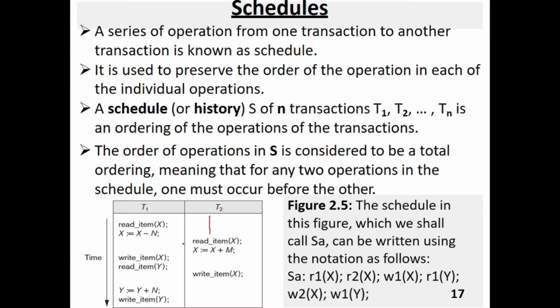After this, transaction 2 starts reading item X and changes the value, and then it holds and goes back to transaction 1, which does write item X, read item Y, and pauses. One enters, one waits, one executes, one waits. This scenario is called scheduling. We call it a schedule in a database.